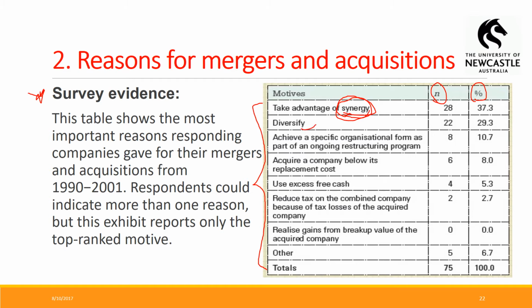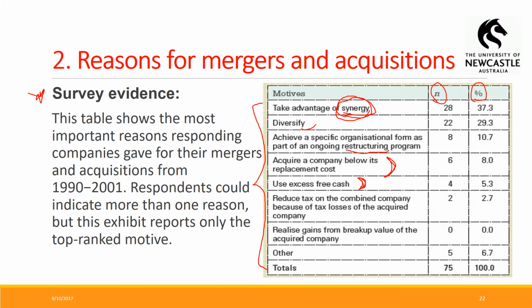If you buy assets in different industries, it might potentially make your aggregate cash flows less volatile because of the diversification. Restructuring. Buying undervalued firms using excess cash flows. So we have no other investment to do, so we just go and buy another company, right? So on and so forth, right? So the top reason is always synergy benefits.